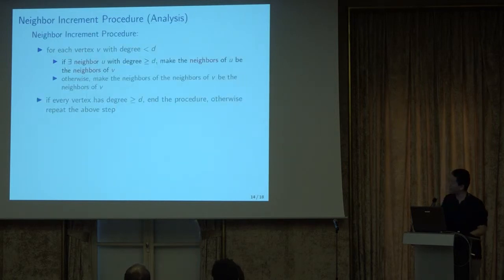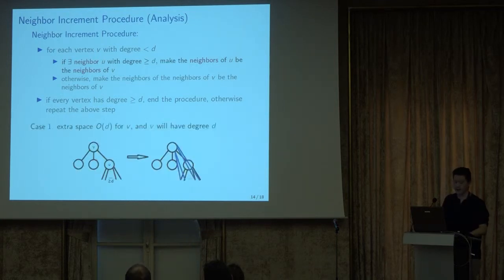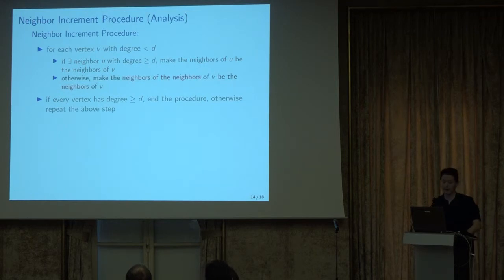Now let's briefly analyze this procedure. If there's a vertex v with degree smaller than d, and if there's a neighbor u with degree larger than d, then because we make the neighbors of u be the new neighbors of v, there's an extra space d induced by this vertex v. And after this step, vertex v will always have degree at least d in the remaining rounds. In the second case, if all the neighbors of vertex v have degree smaller than d, then we do the broadcasting.